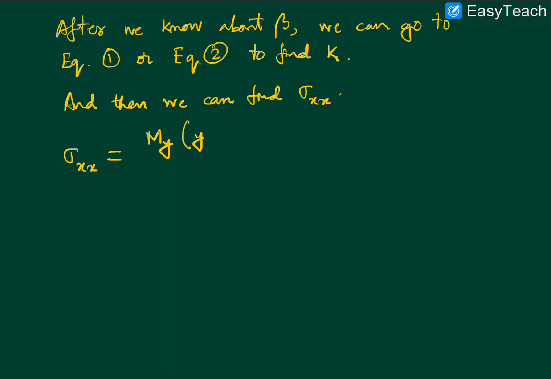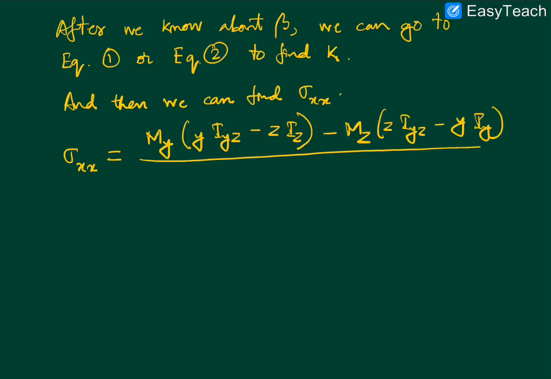So this is My times yz minus Iz times Iyz minus Mz times Iyz minus Iy times Iyz, divided by this entire thing divided by Iyz square minus Iy Iz.